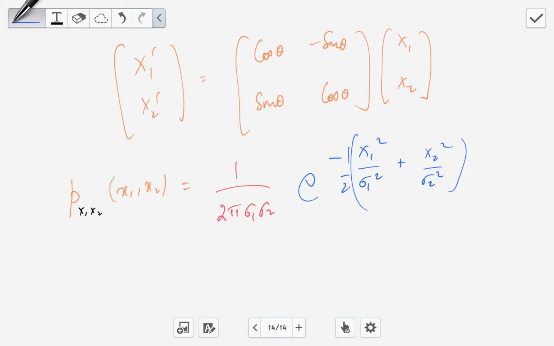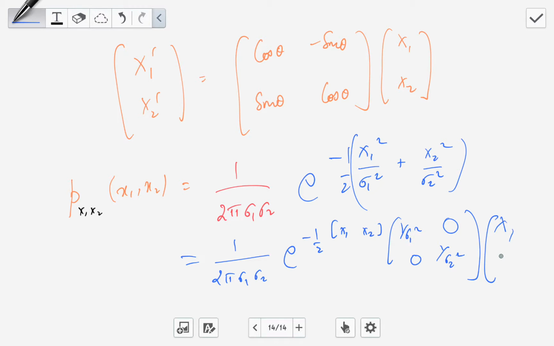Okay, we want to make some change here so that we can use this matrix to get the new density. So I'll write this as minus half times the quadratic form.